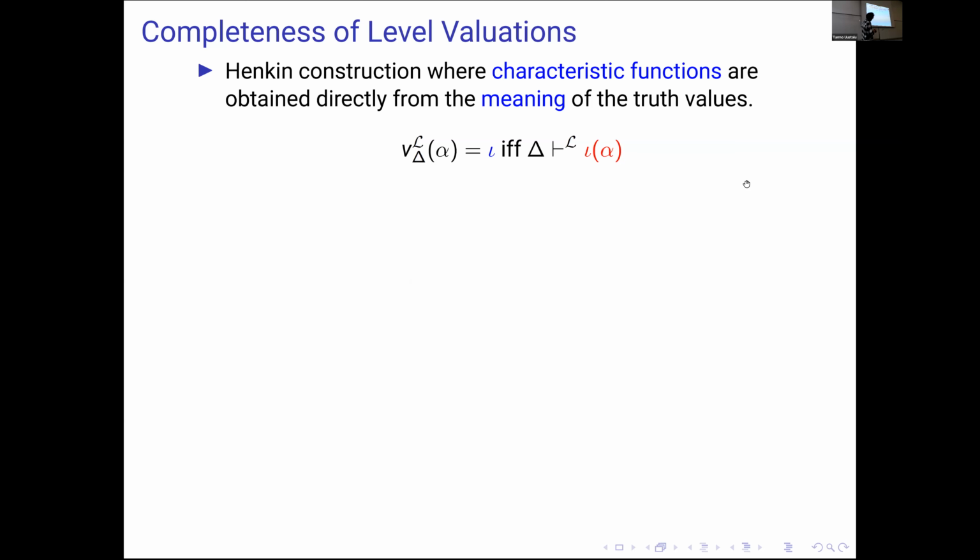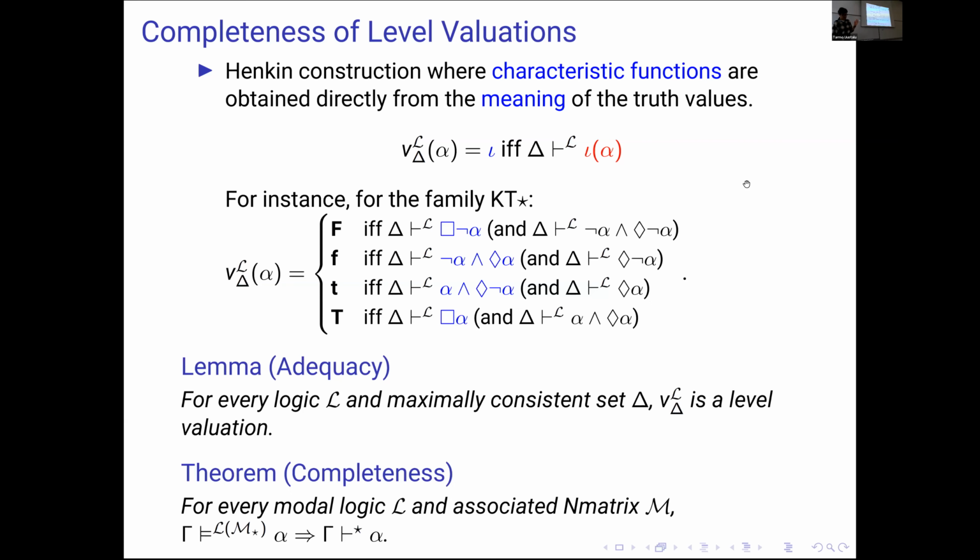We define that this formula takes the value epsilon I if and only if you can prove the characteristic formula under this saturated set. And that's it. This is the example with KT, I'm not going to show you, but then we prove an adequacy theorem saying that if there is a maximal consistent set, then this function is well defined. Okay, it's a level valuation. And using this, we can prove the completeness theorem.